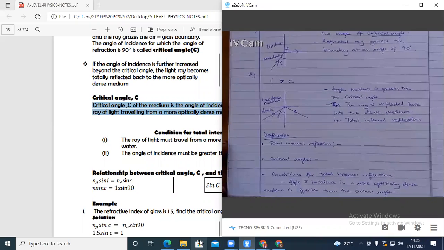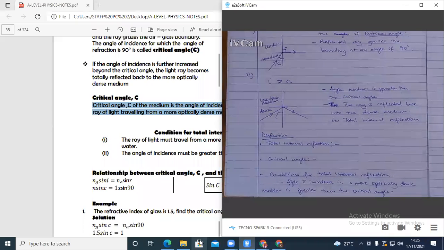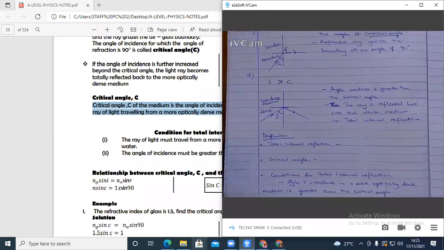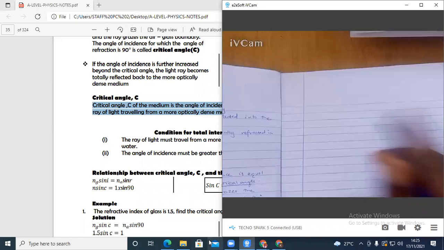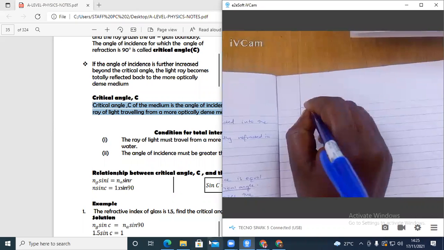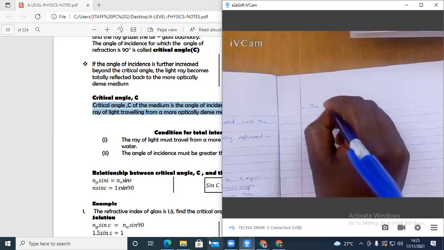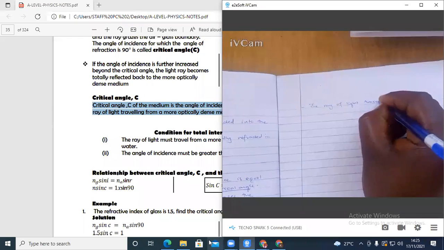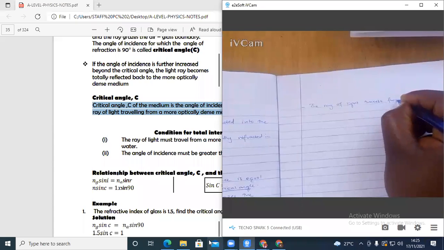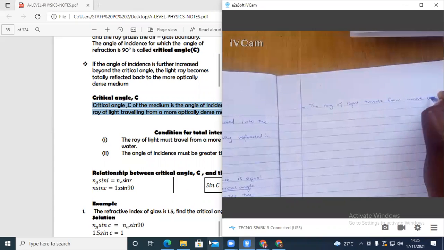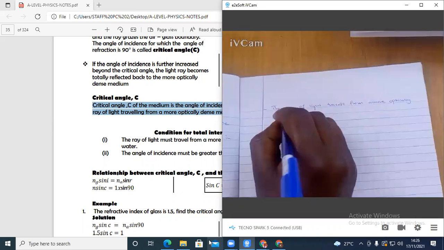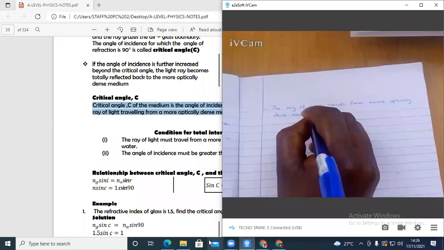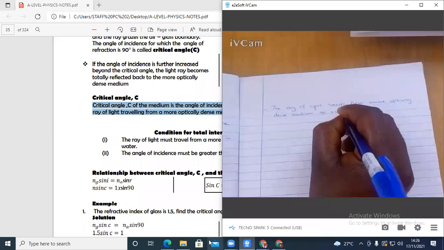And then the other condition is that the ray of light must be traveling from a more optically dense medium to a less optically dense medium. So two, the ray of light travels from a more optically dense medium to a less optically dense medium.